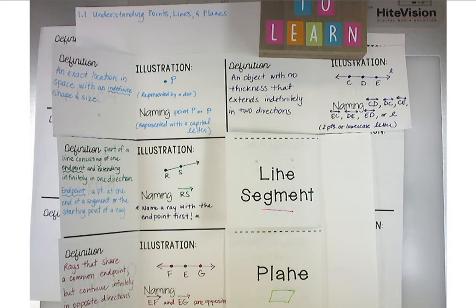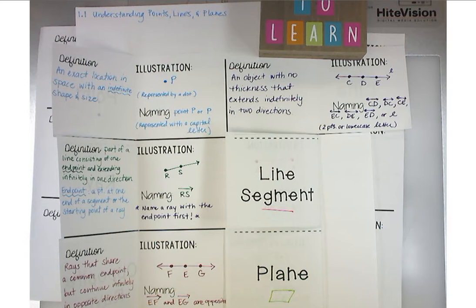If you were to name a pair of opposite rays from that new illustration for the line, what would those be called? Yeah, opposite rays. Remember when you say the name of the opposite ray, you always have to start with what? So DC, D. Yes. So it'd be DC and DE.